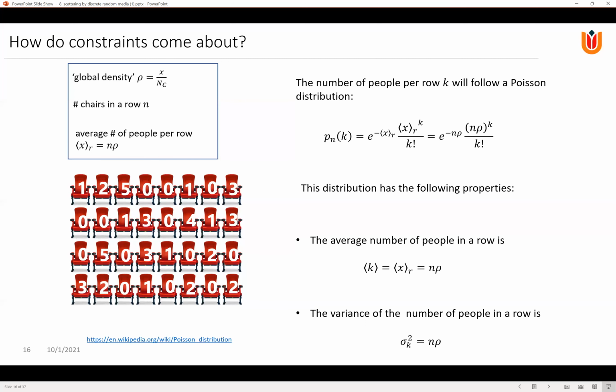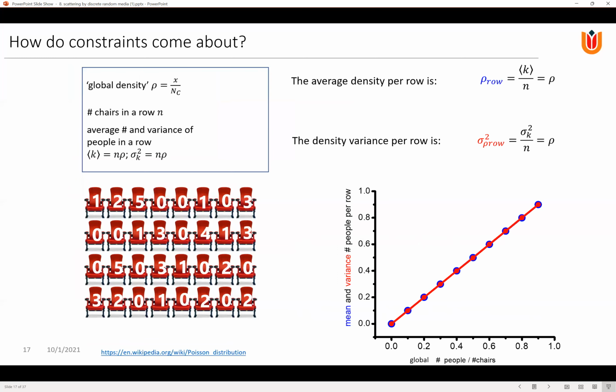So if you have a large but limited number of seats in a room, you keep putting in people, then the average number of people in the row will increase, of course, with the variance. So the number of people will increase as well, and they will increase in sync, in size.